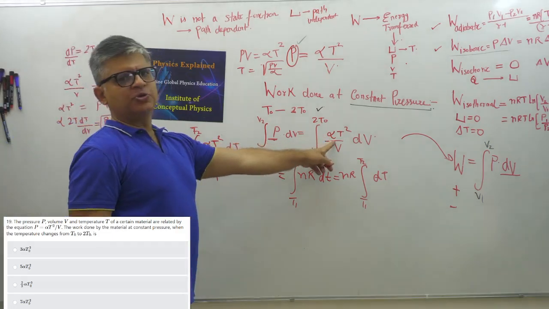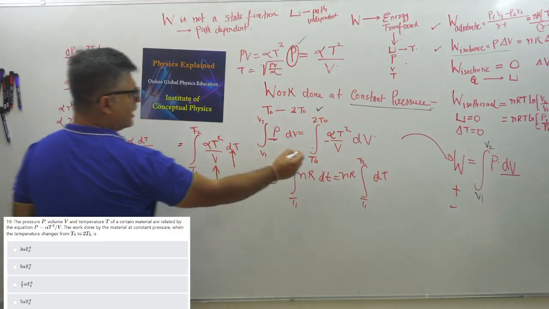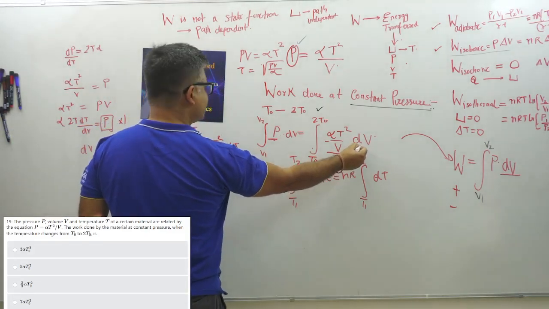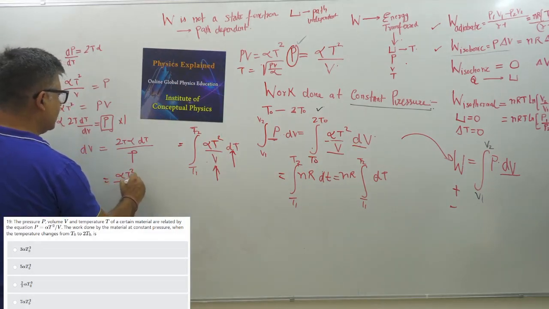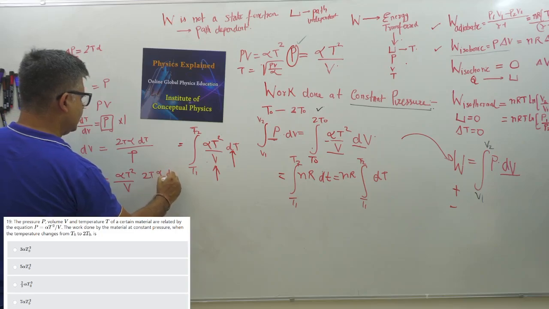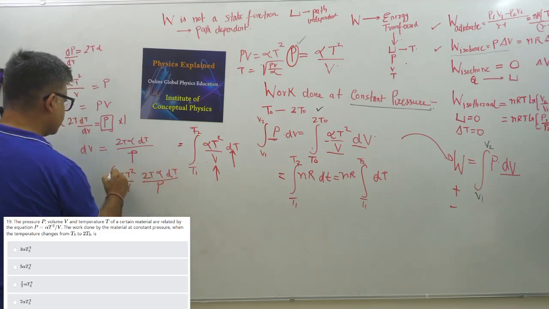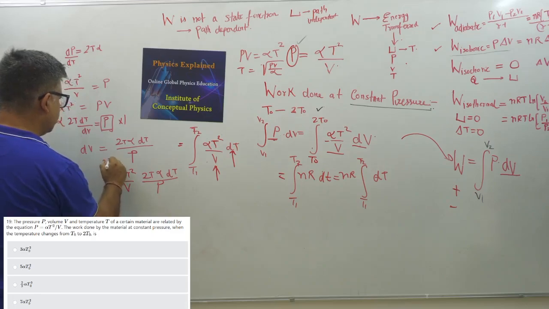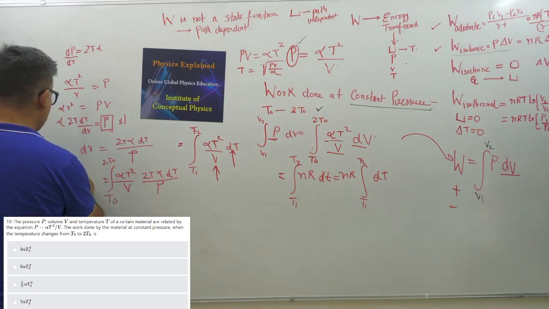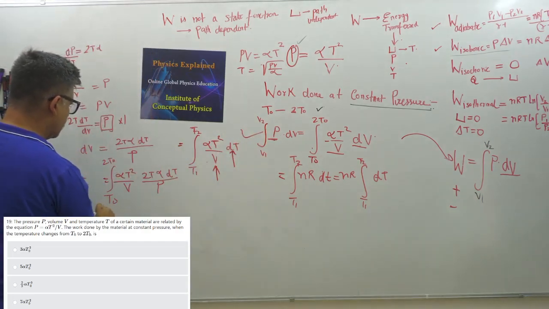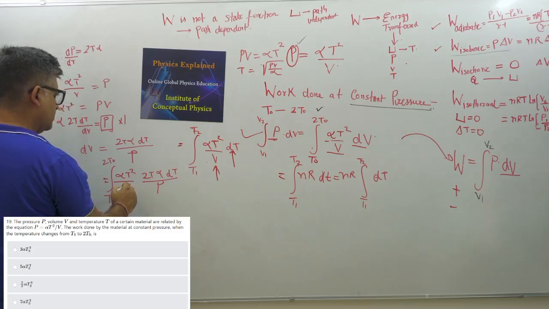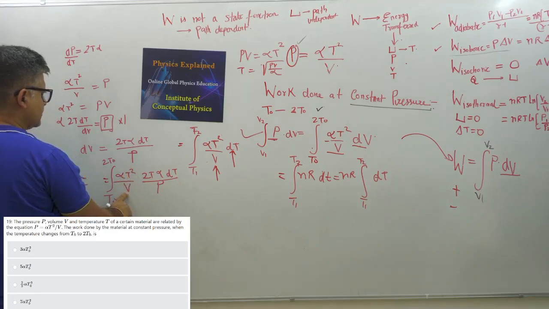So I can actually go back and use this expression, right? Which is alpha T square. I can replace dV with alpha T square by V, 2T alpha dT by P, and this is T naught to 2T naught. So this is my work done. And back to the work done expression, I don't need to write this pressure because this should have gone away, right?